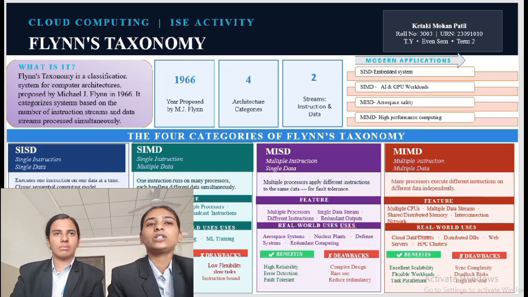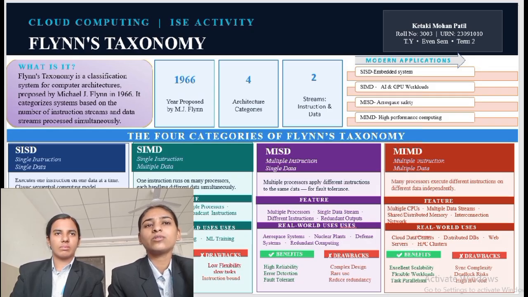Then the next one is SIMD, that is single instruction and multiple data. Here only one instruction is executed on multiple data atoms at the same time, like an Instagram story, where the same kind of effect is applied on multiple data atoms. It comes under AI and graphics.